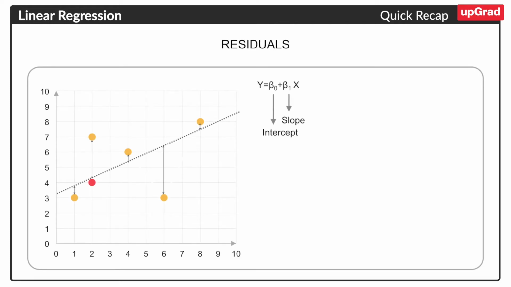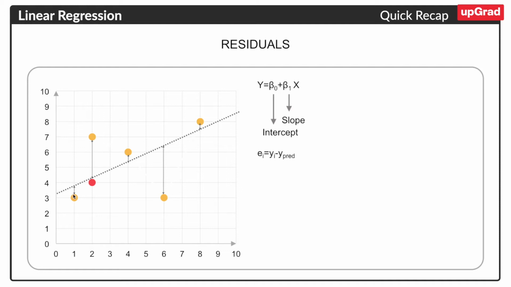Okay, so now let's try to rewrite this whole thing in a mathematical way, because that's how we will be able to find the cost function, which we can minimize to get the best line which can fit almost all the points, giving the least error. Let's say E of i is the error.